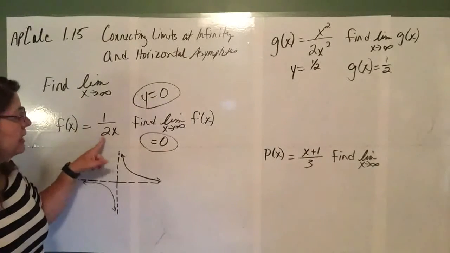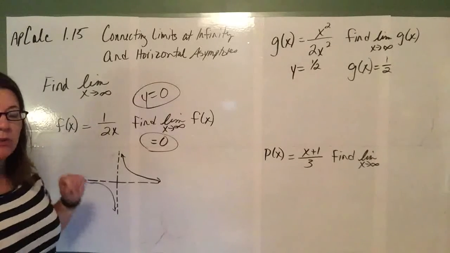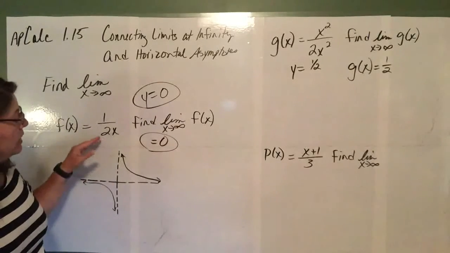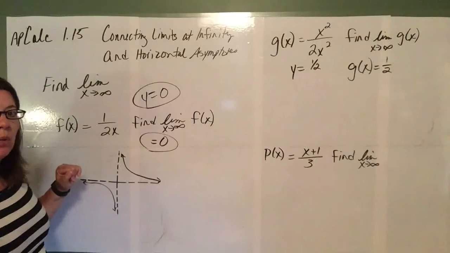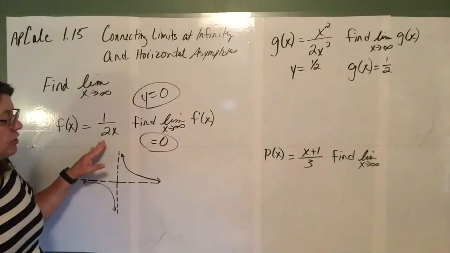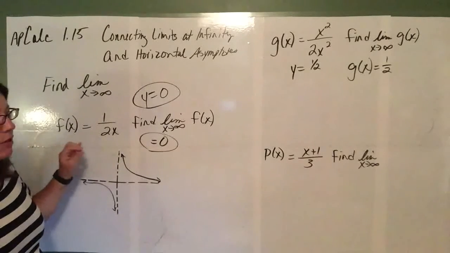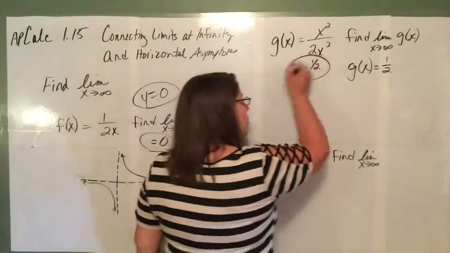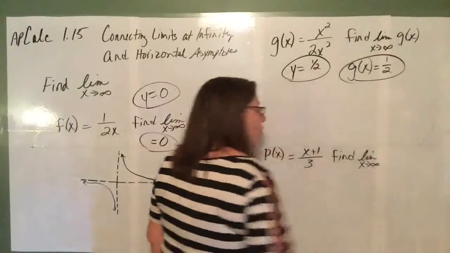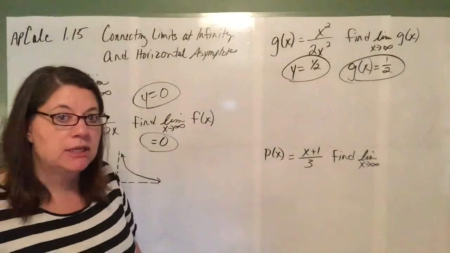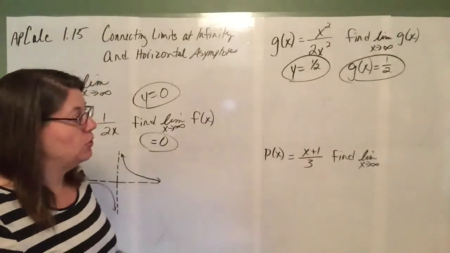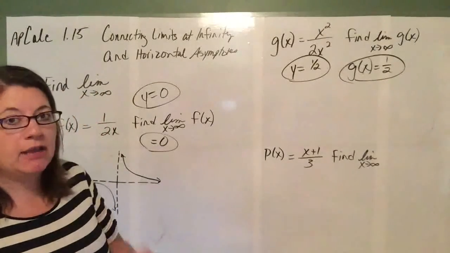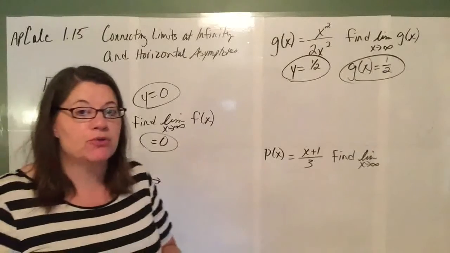Those numbers are getting smaller and smaller and smaller as we plug in. So we know as we plug infinity in, we're approaching 0, something closer and closer and closer to 0. Hopefully you're making a connection here. Our horizontal asymptote is going to be equal to our answer as x approaches infinity.